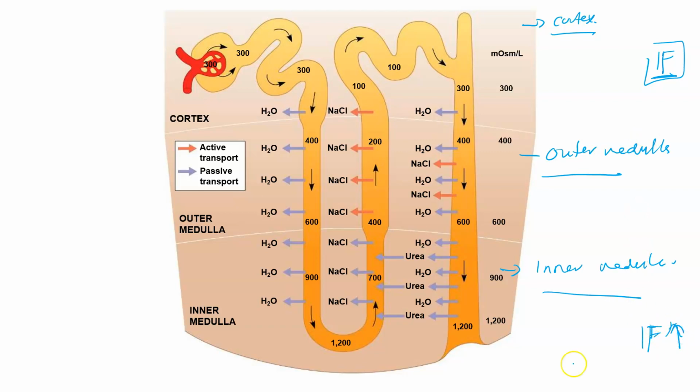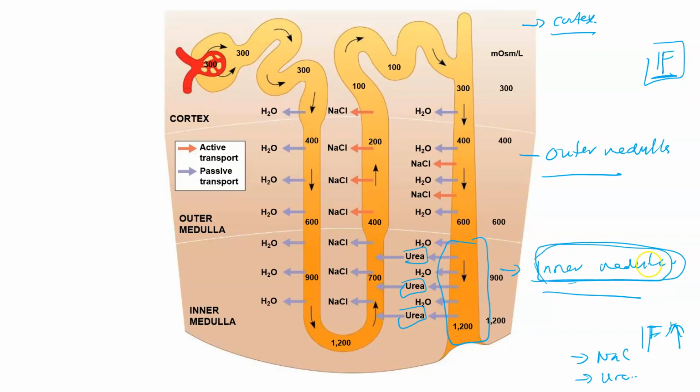Okay, increase due to the movement of these two solutes, sodium chloride and also urea. Pergerakan urea hanya akan berlaku dekat collecting ducts in the inner medulla region. Okay, in the inner medulla region.